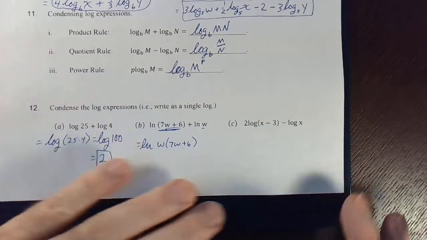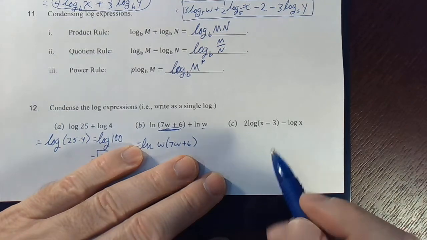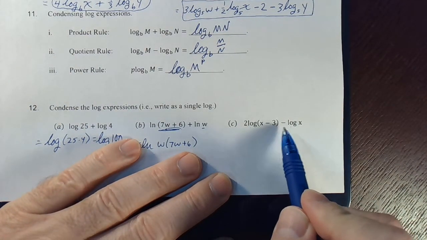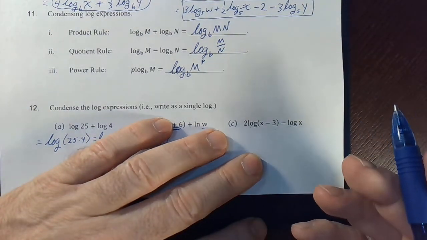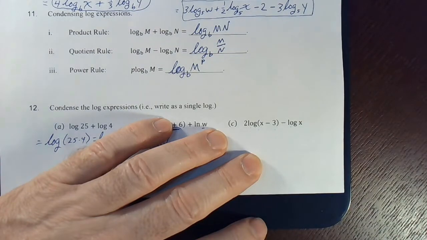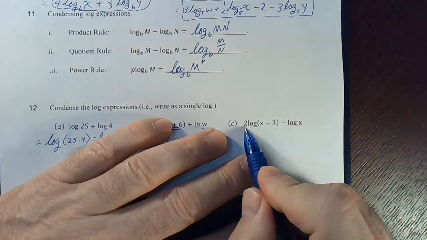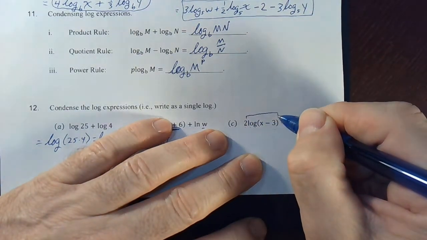All right, the final one. What do we do here? I've got this thing multiplied by 2. This one's not. And we don't have a way to condense in that scenario. So what do we do to get rid of this 2? Not to get rid of it, but we can move it up to here.